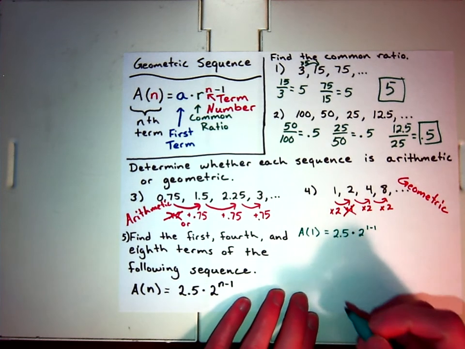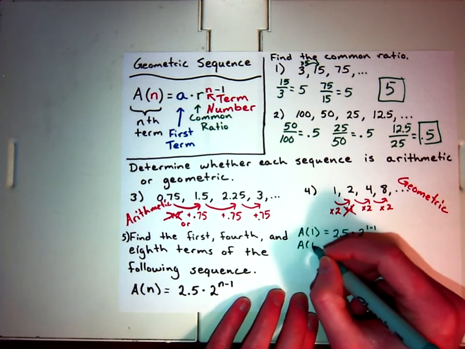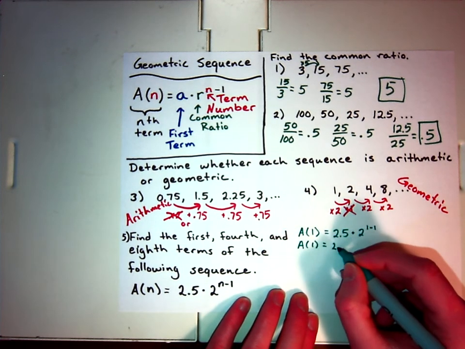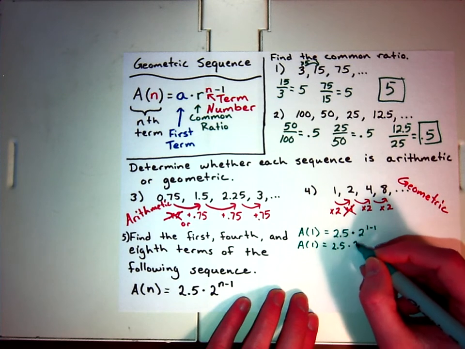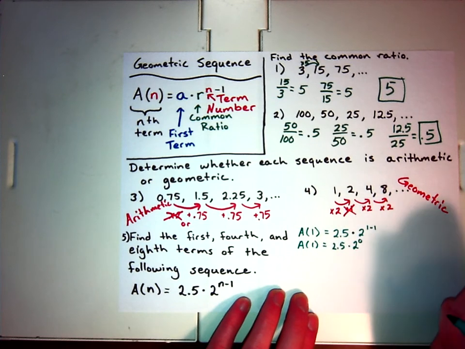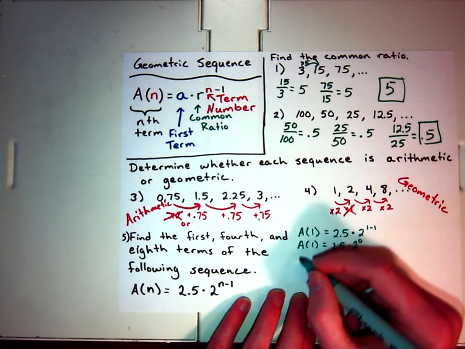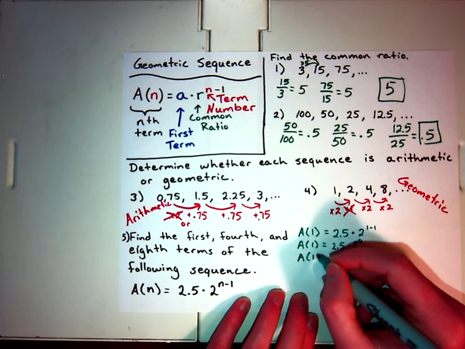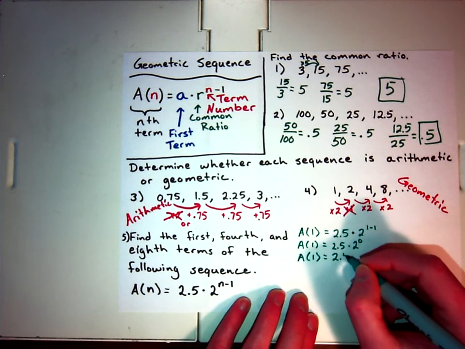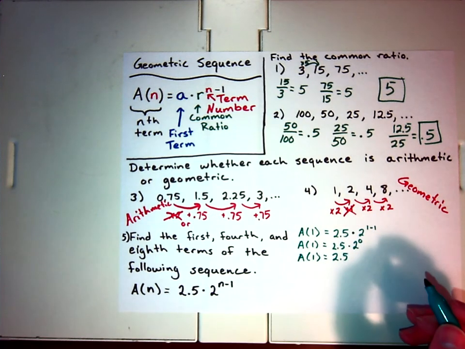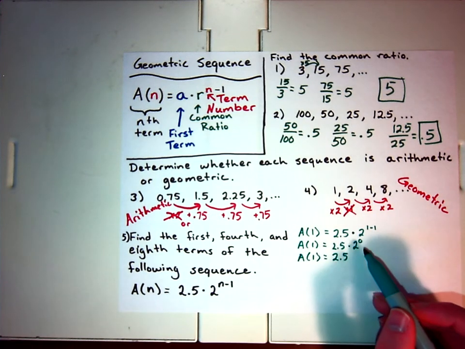Okay, so that's going to get me A of 1 equals 2.5 times 2 to the 0th power. Well, anything to the 0th power is 1, so A of 1 equals 2.5. And this is where we see that rule, that 0 exponent.